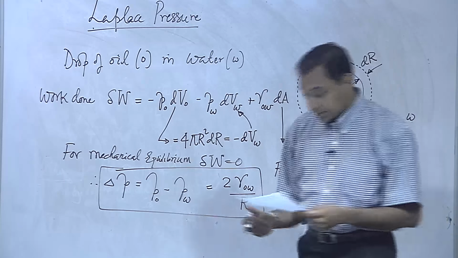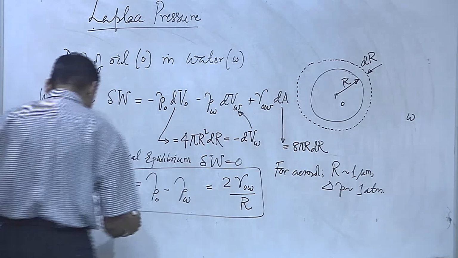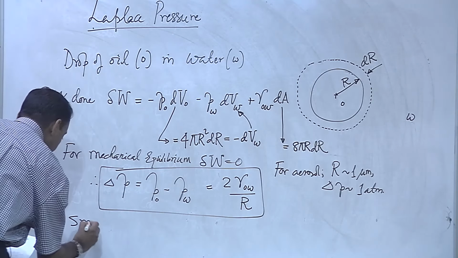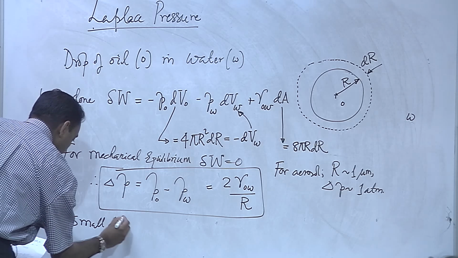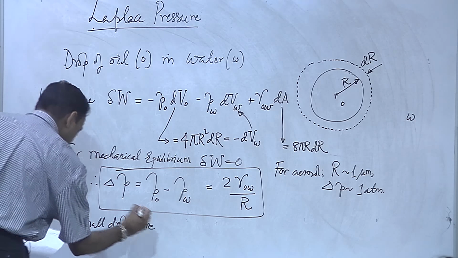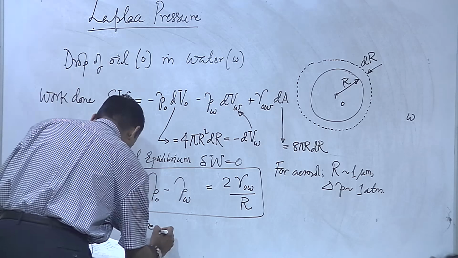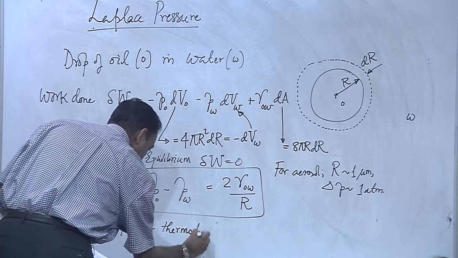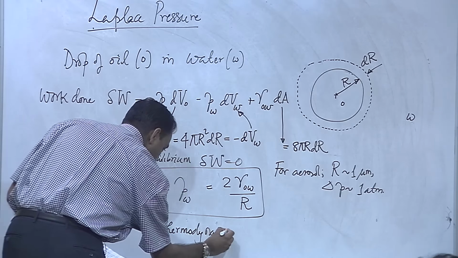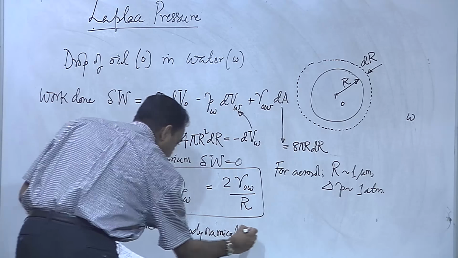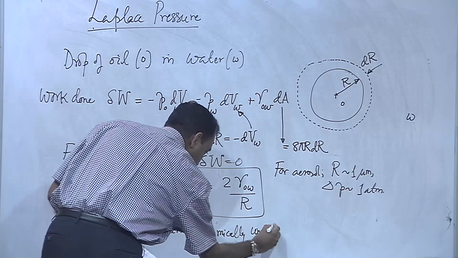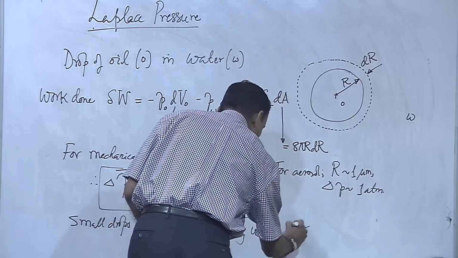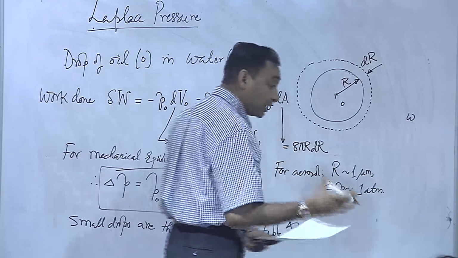So this is often referred to as the Pickering effect in an emulsion. So the small drops are thermodynamically unstable because of such a huge Laplace pressure. This is what you see in making of these emulsions.